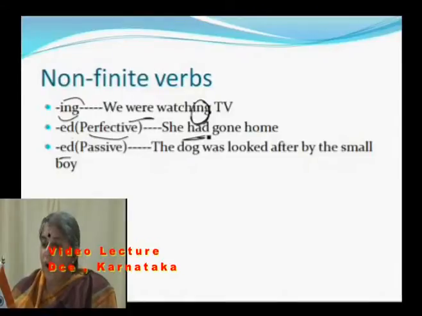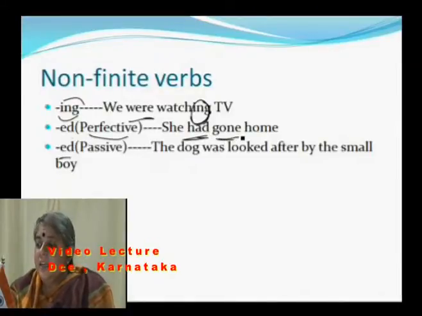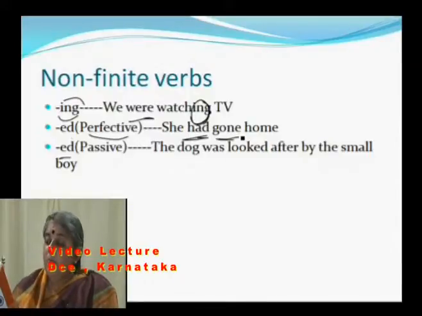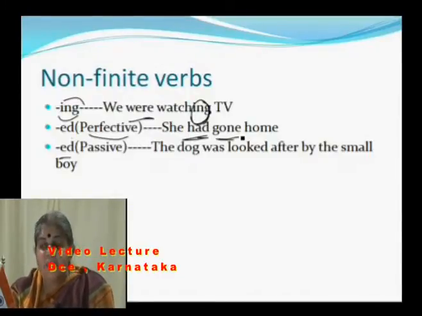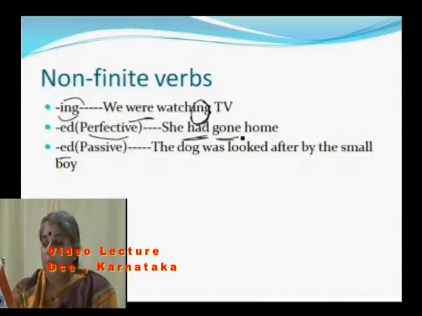The word gone is a lexical verb. So, she had gone home. Now, had gone is in which aspect? It is in the perfective aspect. Third one, ed with passive. The dog was looked after by the small boy.